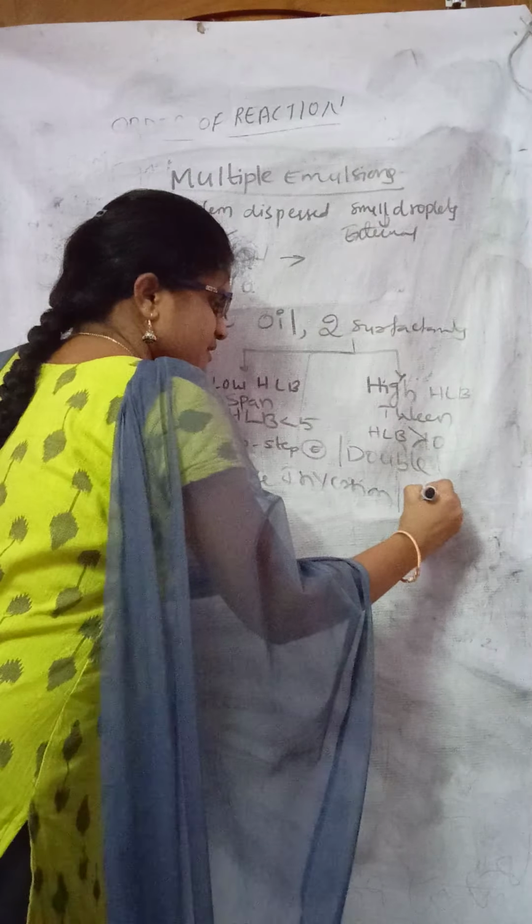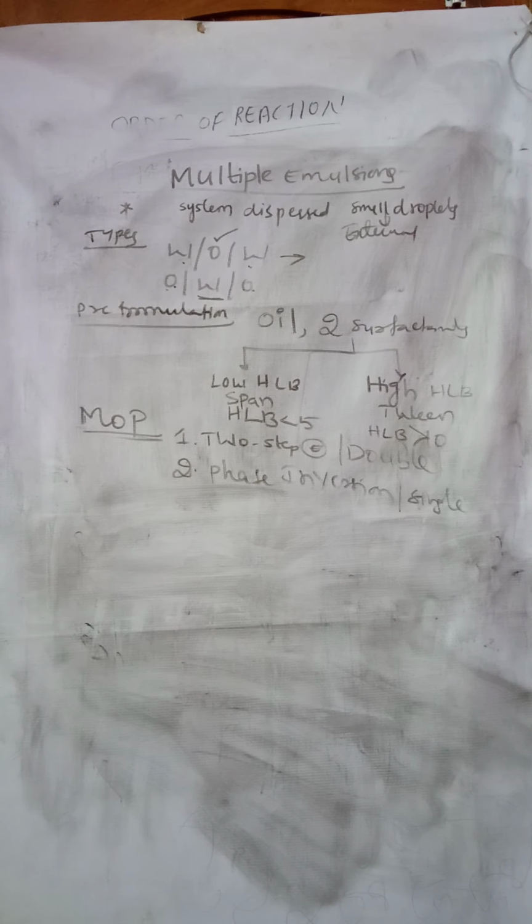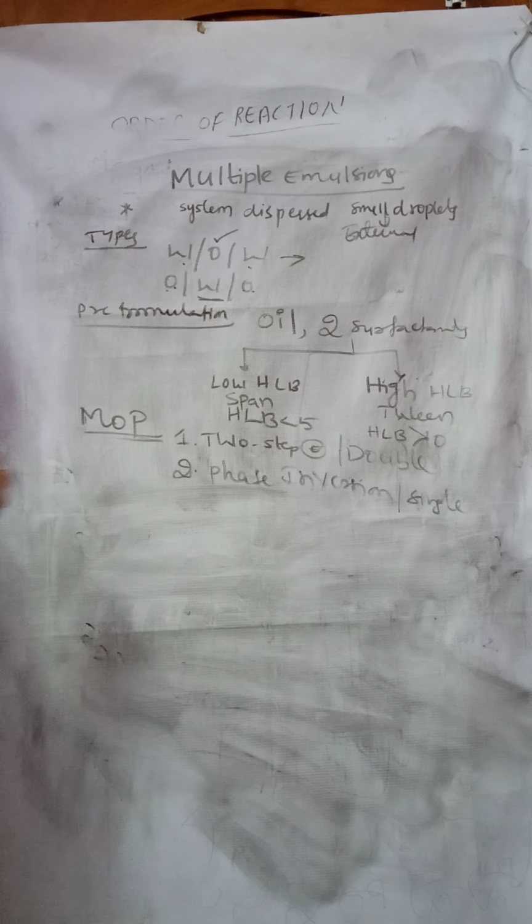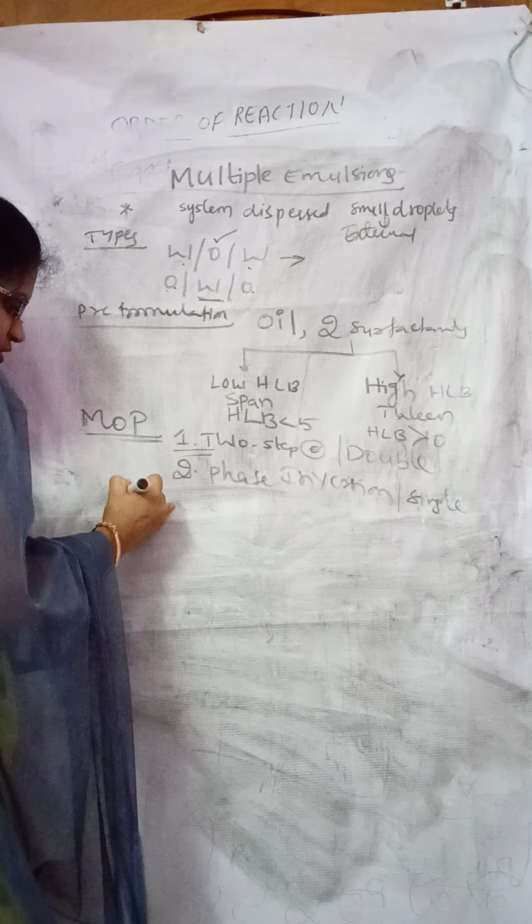The second is phase inversion, or single step technique. So these two techniques we are going to use for the preparation of multiple emulsions. Now we will see one by one. First one is the two-step technique.